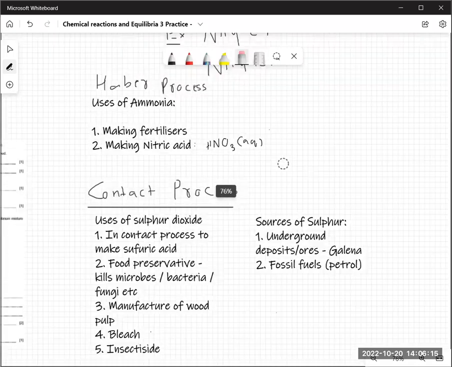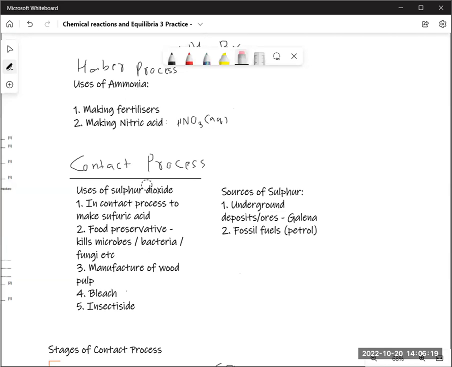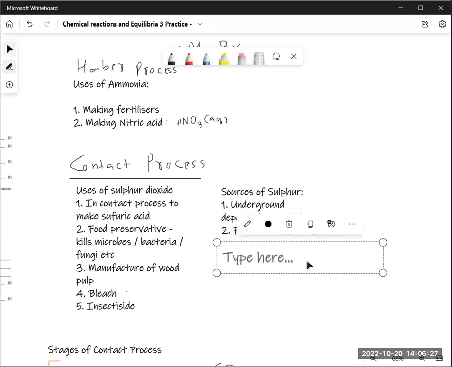Now finish this. Haber process, uses of ammonia. Contact process, uses of sulfur dioxide. Sources of sulfur. And finally, uses of sulfuric acid.